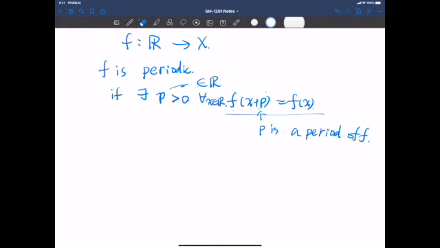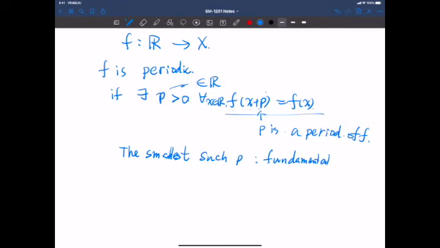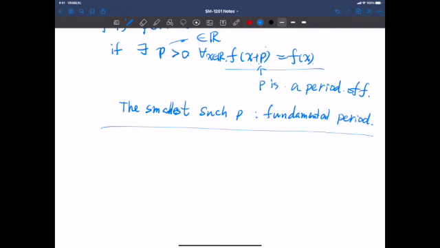So the smallest such p is called the fundamental period. Okay, so here's the definition.